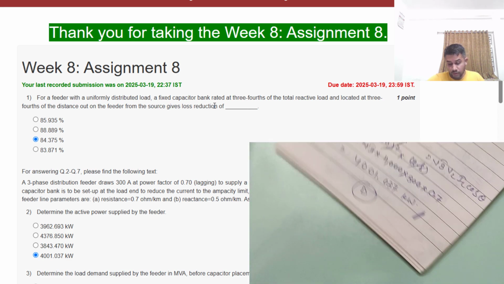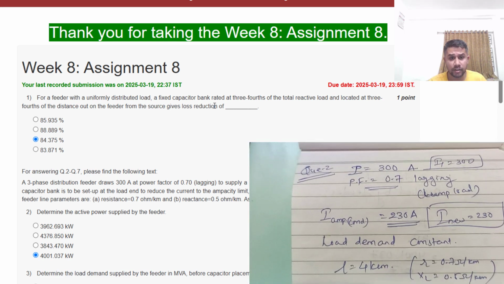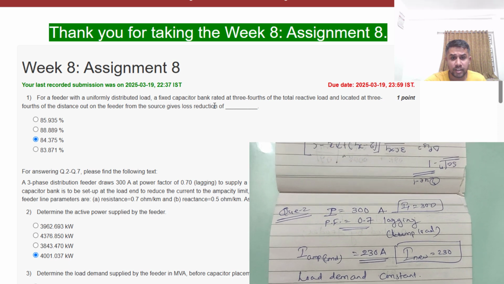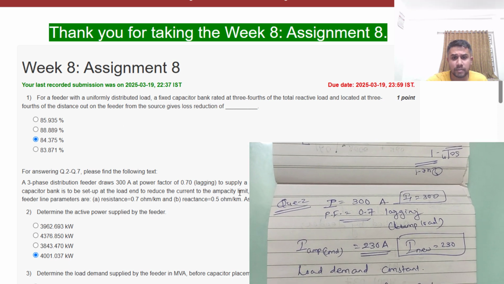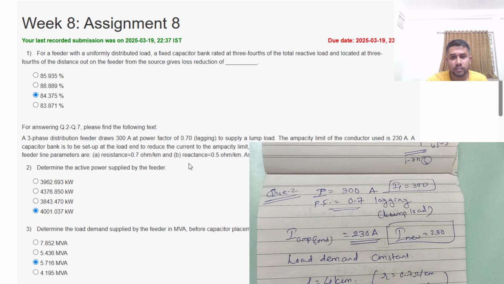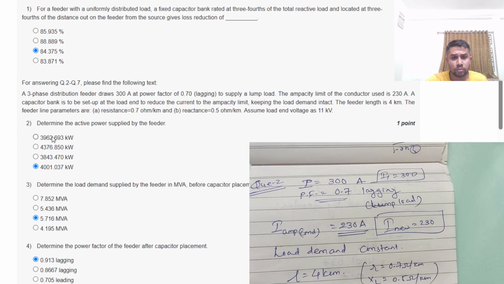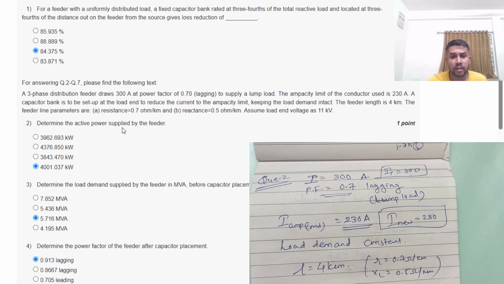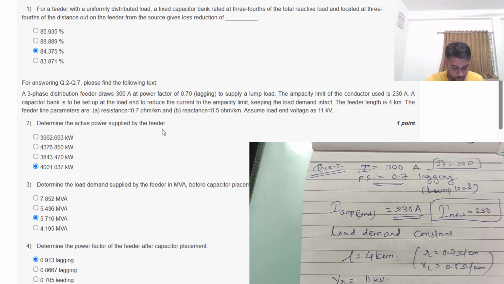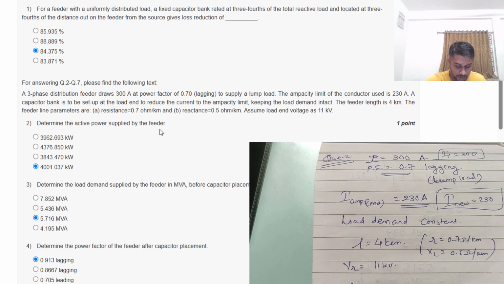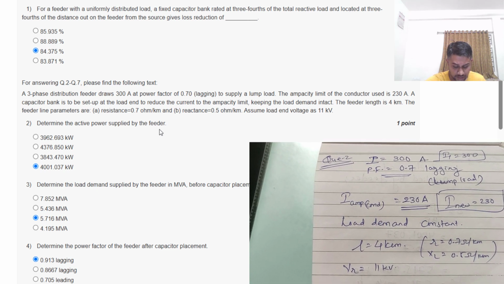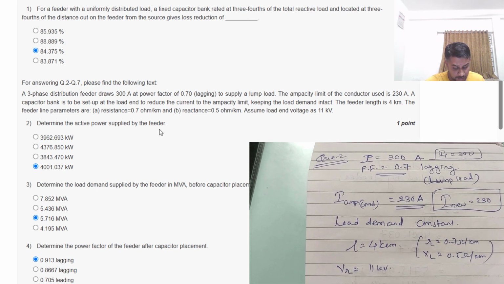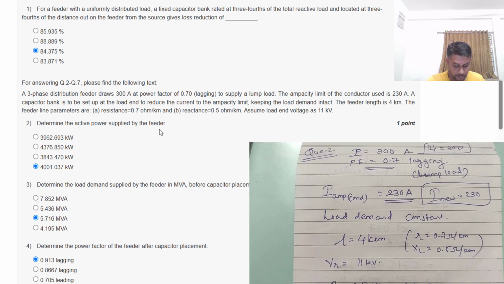Now question 2, they have given some data, and out of that we are using some for the required calculation. In question number 2, we have to determine the active power supplied by the feeder. For this, I require the current carrying capacity, I1 equals 300, and the power factor is 0.7 lagging, load demand remains constant.